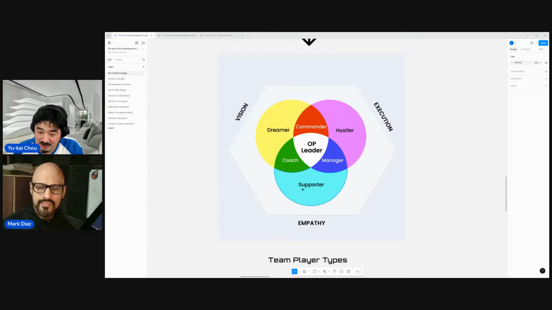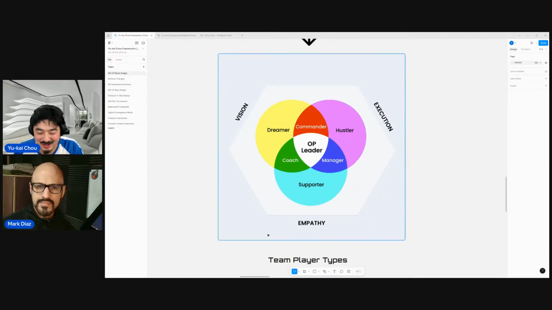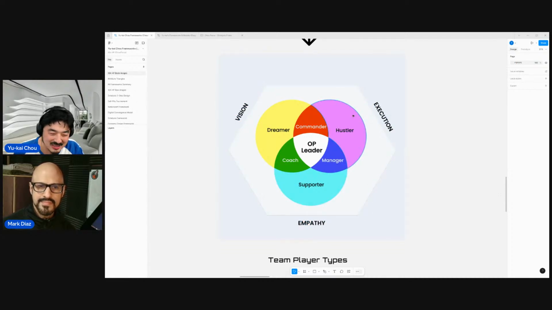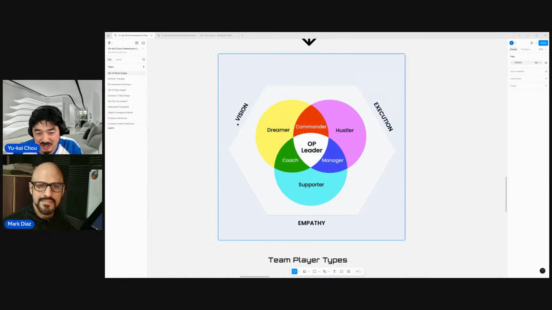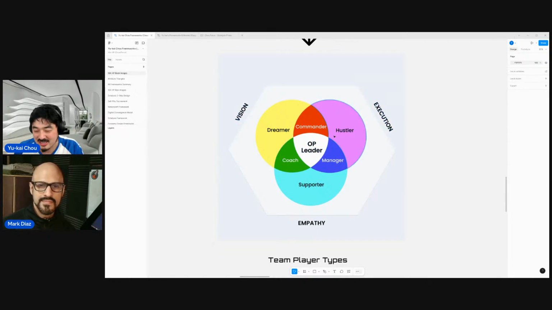And lots of people are doing that just as supporters, and they're very successful, and they find it very fulfilling. If you're just good at execution, you don't even know where you're going, and you don't care about how others feel. You just gotta work, get stuff done, right? You're a hustler. But a hustler with a good leader who has vision and empathy, like a coach, is great. The coach puts you on the right thing to do, and you get a lot of stuff done and become successful.